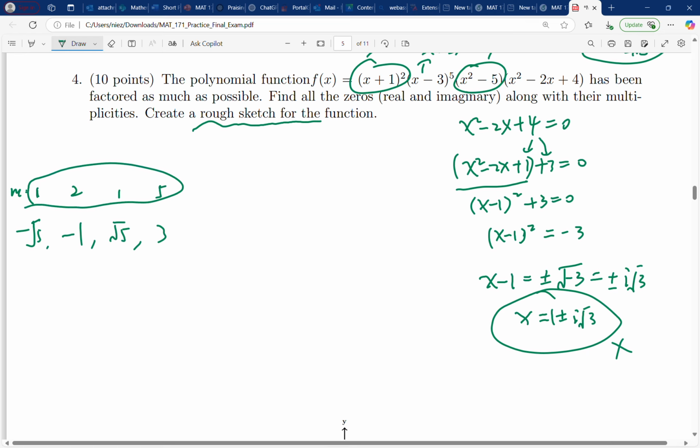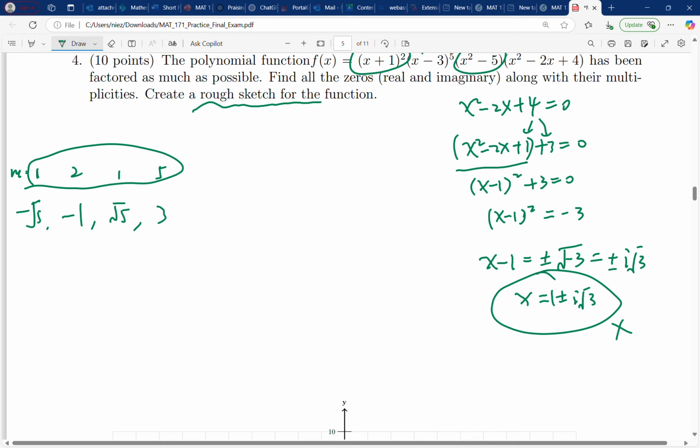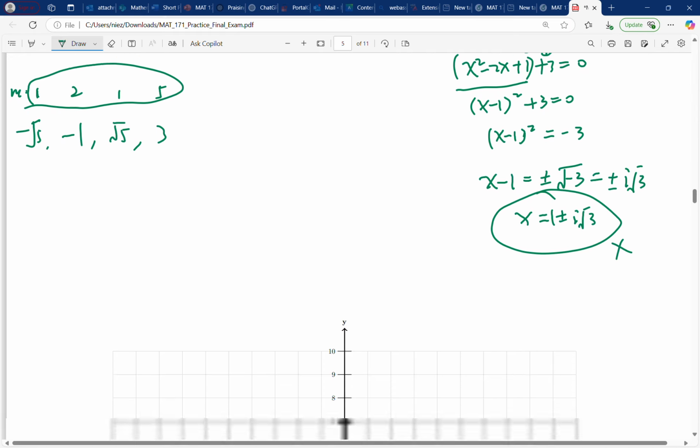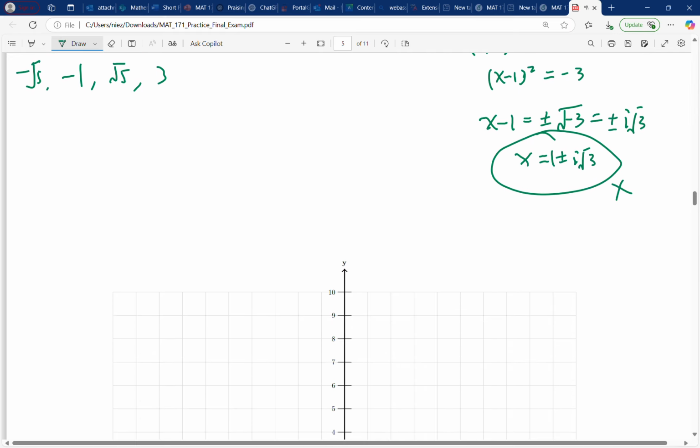Here are the multiplicities. You remember, when the multiplicity is odd, the graph goes across that point. When the multiplicity is even, the graph touches that point then bounces back.